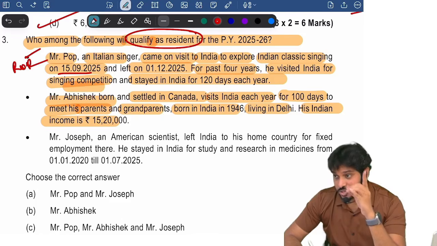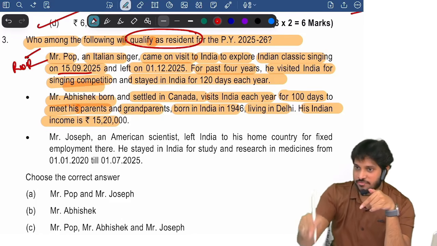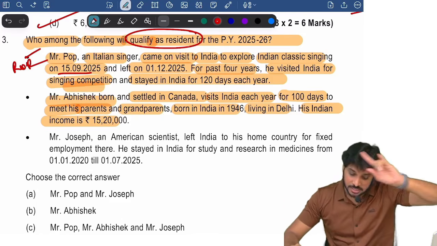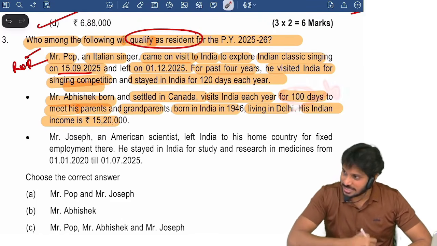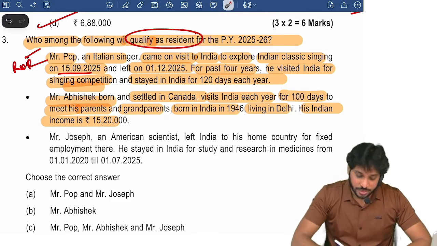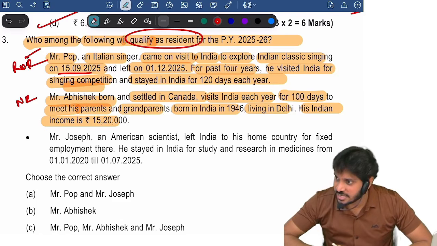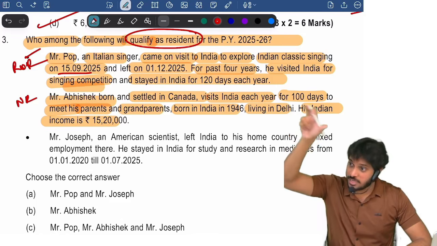However, if a person of Indian origin is visiting India and having Indian source income more than 15 lakhs and 120 days or more he visited India and in the last 4 years 365 days or more. But here the 120 days logic he didn't satisfy. He just visited only for 100 days. Therefore he is a non-resident because the 120 days criterion must be satisfied. B2 60 will not apply, but revised B2 120 will apply, and 120 he didn't satisfy.